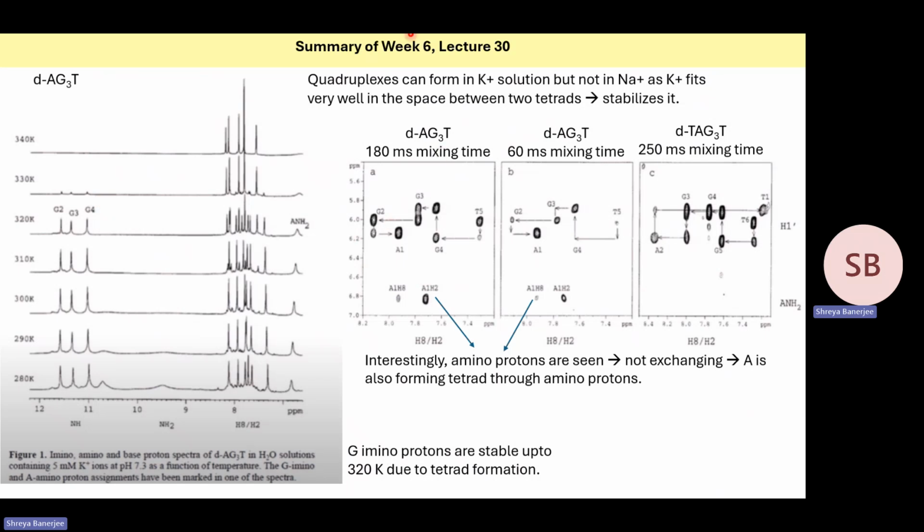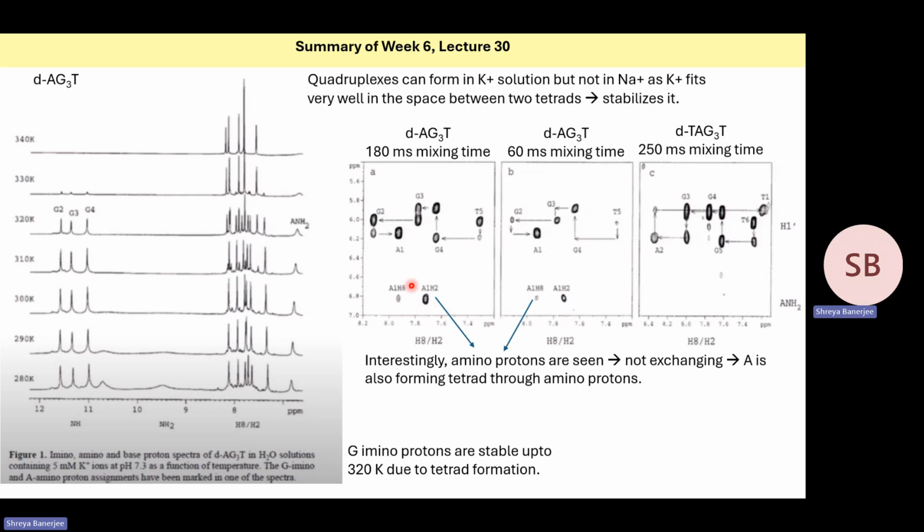Now, another interesting thing happens when you look at the NOESY spectra. In the NOESY spectra, as always, you can do a sequential analysis to find out the nucleotide sequence. But the interesting thing here is that you see peaks of the NH2 group. In adenine, there is a NH2 group, and that you can see here. Why this is very interesting is because we have already discussed that normally the amino group is not seen because it exchanges with the solvent.